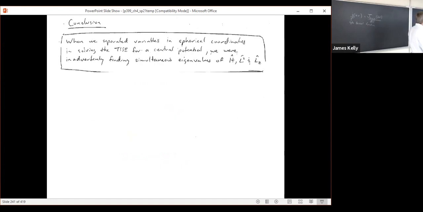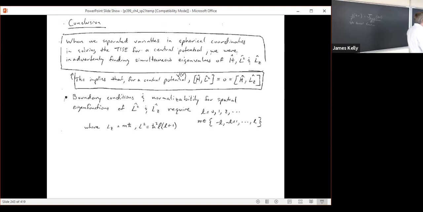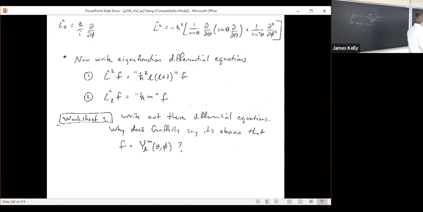And the answer is that, do I have it written down here? No, I don't. But when you write down L squared on an arbitrary function f of theta and phi, we got derivatives with respect to theta and phi, so my solution, a function of theta and phi, is equal to this times that function of theta and phi.